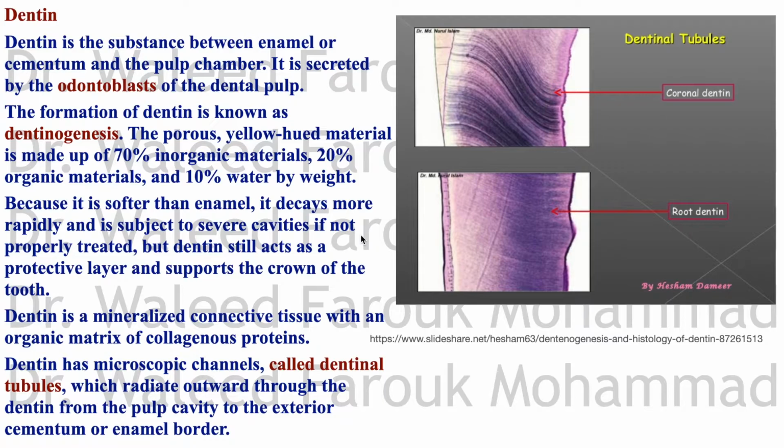It's mineralized connective tissue with an organic matrix of collagenous proteins, and it has channels called dentinal tubules. The ones you see here are somewhat branched, but they do not intersect, and they go all the way to the outer surface of the dentin, the margin that is in contact with the enamel.